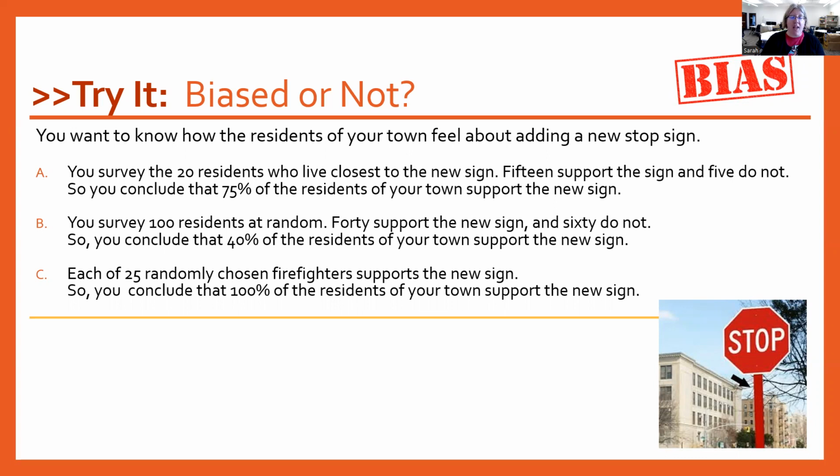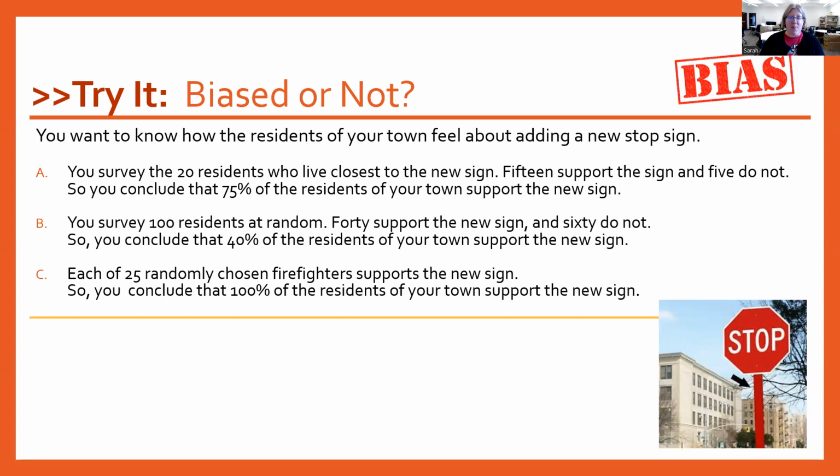Option B, you survey 100 residents at random, and based on those results, you conclude 40% of the residents of your town support the new sign. And then the third example, each of 25 randomly chosen firefighters supports the new sign. So our conclusion is 100% of the residents of the town support the sign.